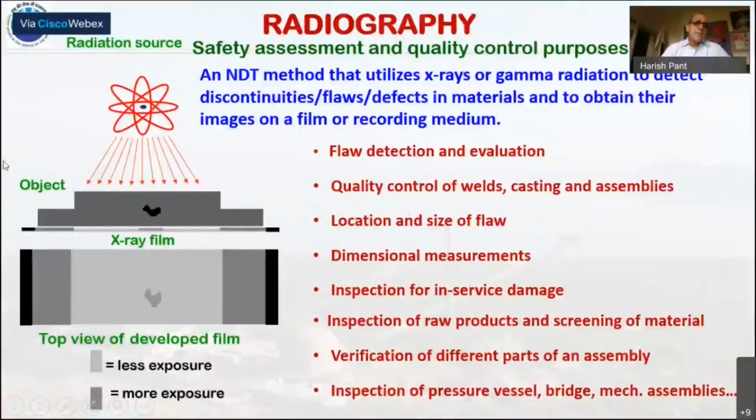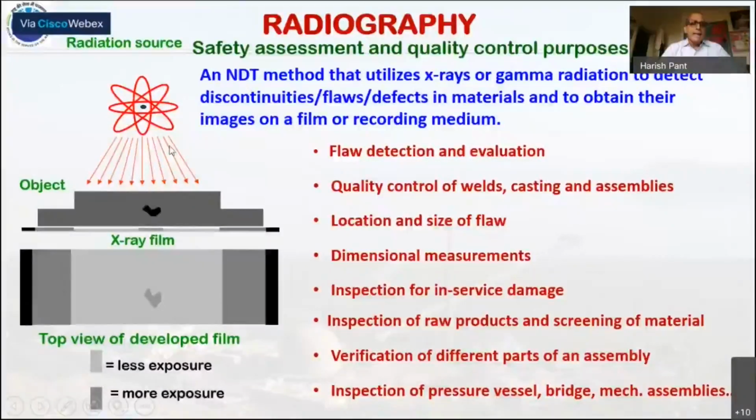So you can see here the principle of the radiography technique. You have a radiation source here, and you have an object here which has a discontinuity. At the sides there is less thickness of the material, and in the center there is a higher thickness of the material. So this is the object.